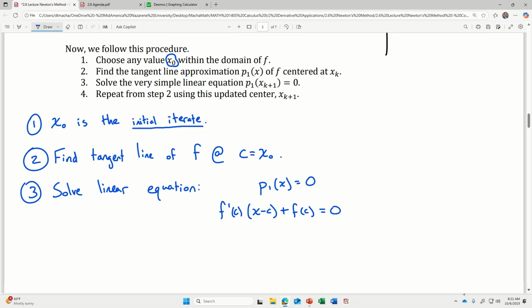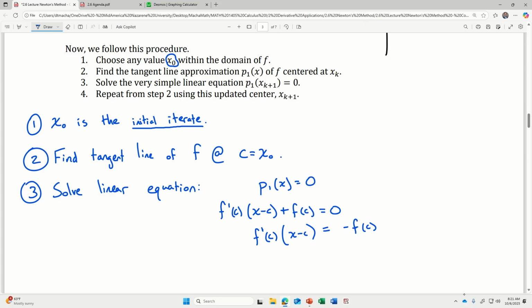Whenever I said it's really easy to solve a linear equation, this time I'm trying to solve for x. It's because it is. Let's subtract f of c from both sides. And on the left side, we still have f prime of c times x minus c.